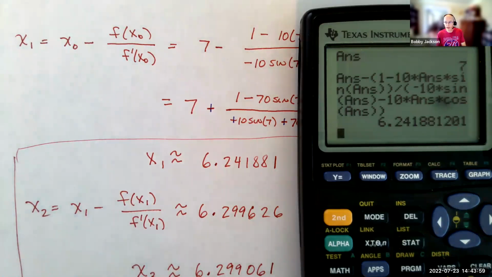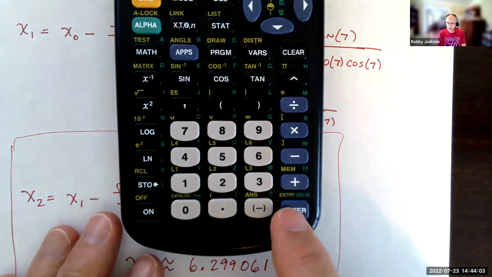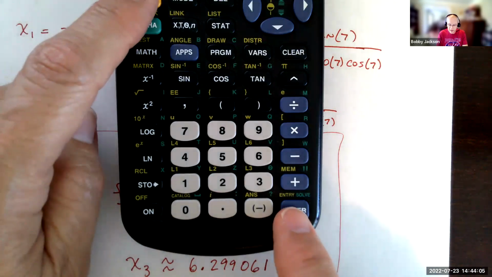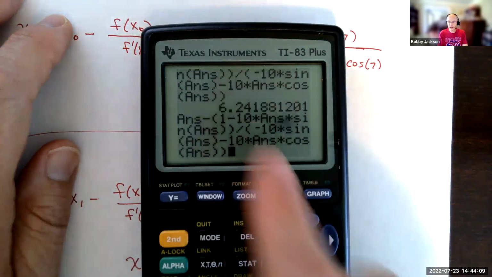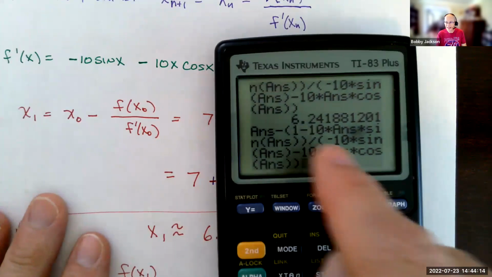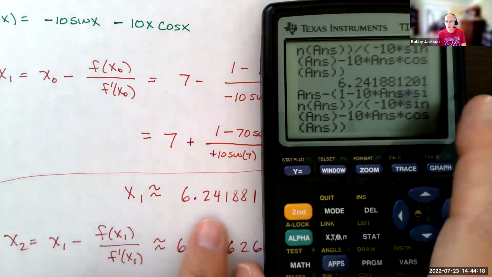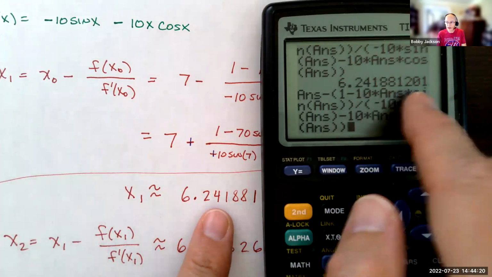So how do you do all that? Do I have to type all this stuff in? No. The quick key to help is the entry command. If I hit second and then entry, it's going to recopy everything I just typed. And here's the beauty of it. We don't need to do anything to it, because what's in answer now is x sub 1, the 6.241, and it's not rounded at all, which is great.